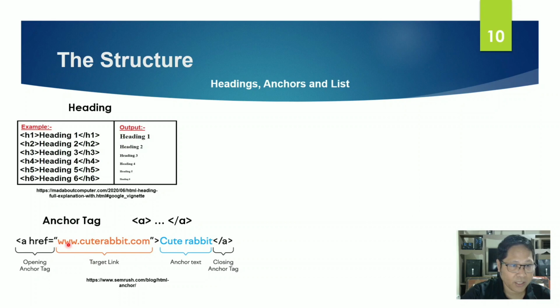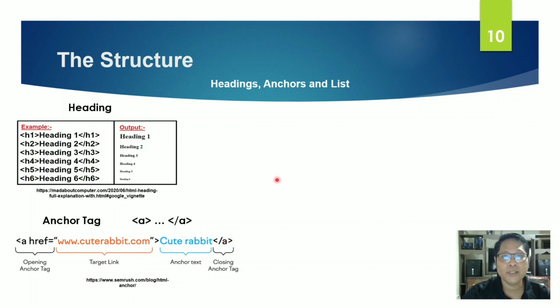This is the target link, and this is the anchor text, the word that we can see in the web page. This is also the anchor tag. This is what it looks like: the opening tag, the target link, the anchor text, and the anchor closing tag.